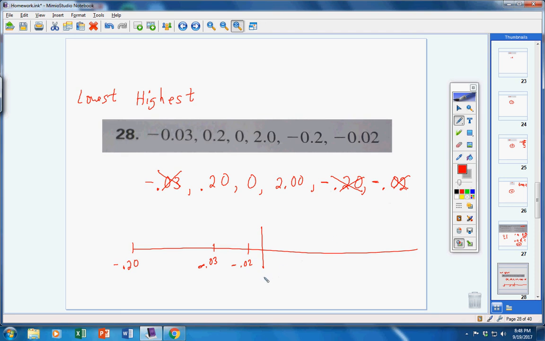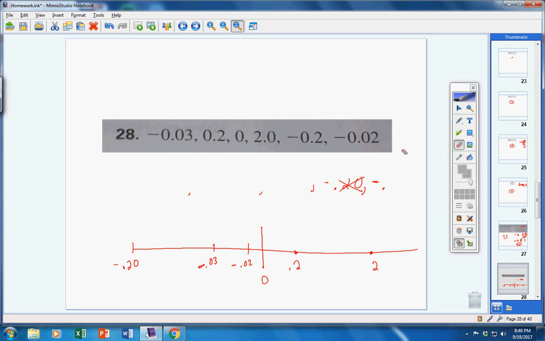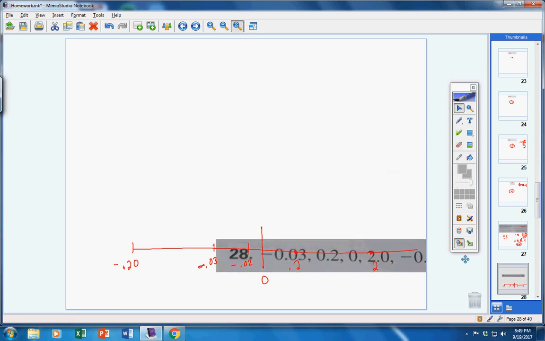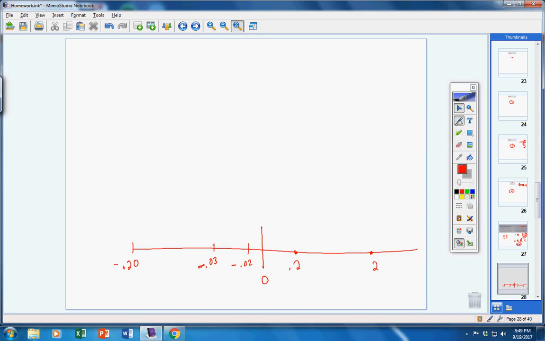Now, 0's next. Then I'm dealing with 0.2 and 2. Well, obviously, guys, 2 is a whole number. 0.2 is a fraction. It's less than 1. So I would have 0.2 here, and then 2 over here. Okay? So we're going to list these from lowest to highest. So here we go.